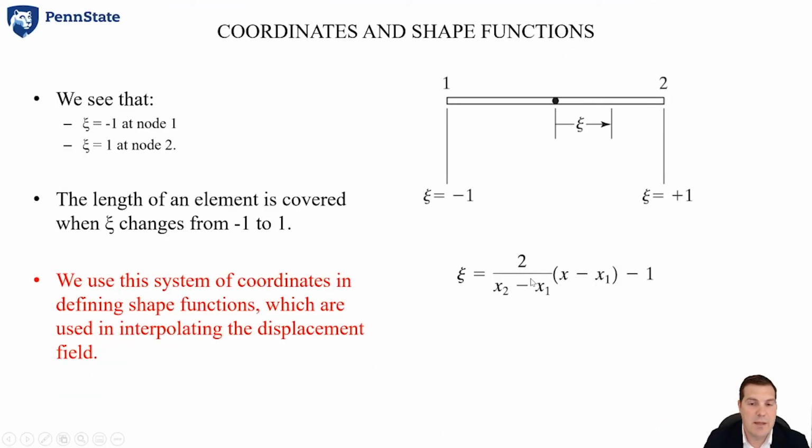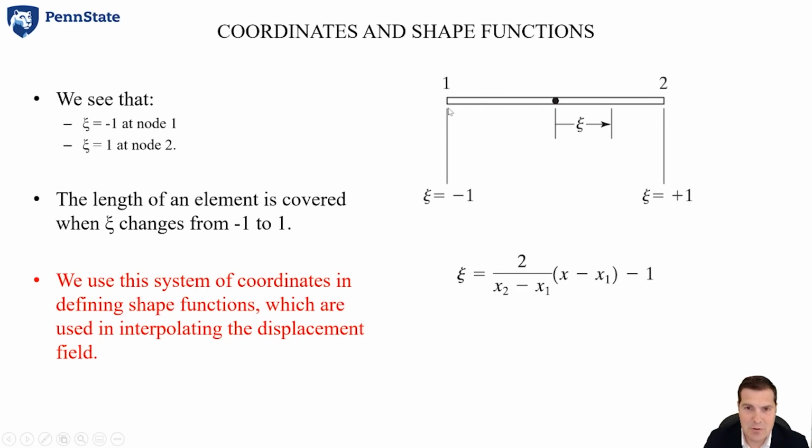Okay, so we see that that mapping function works out pretty nicely. And what we're going to do is use this system of coordinates, these intrinsic coordinates, in defining the shape functions. These are going to be used to interpolate the displacement field. Why do we need to interpolate the displacement field? Well, in a given element, we know the positions, the x, y, z coordinates of the nodes, and we know the element connectivity. So we use all this information to describe what happens inside the element.